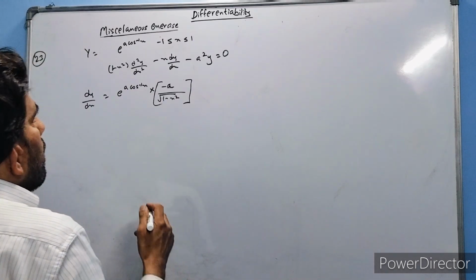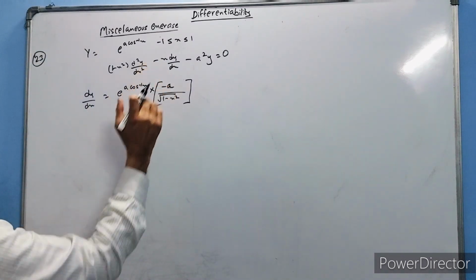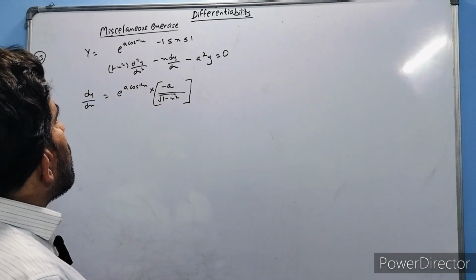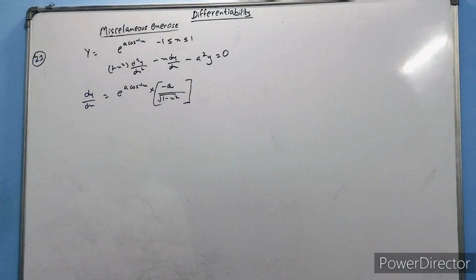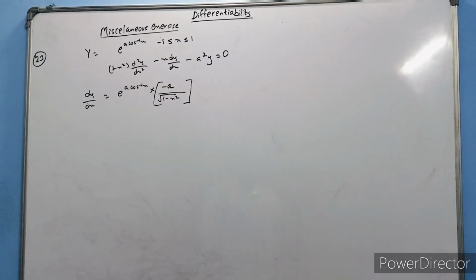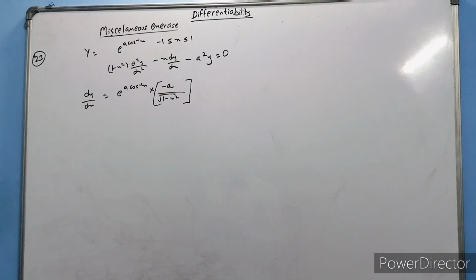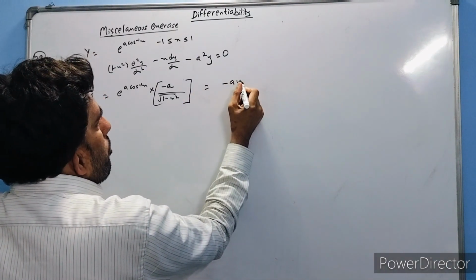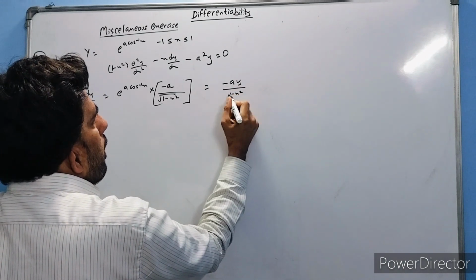Now dy upon dx is this, so we can put it here. But now what we need to do is find d2y upon dx square. Now what we can write is, as it is, dy upon dx equals minus a y upon under root of 1 minus x square.